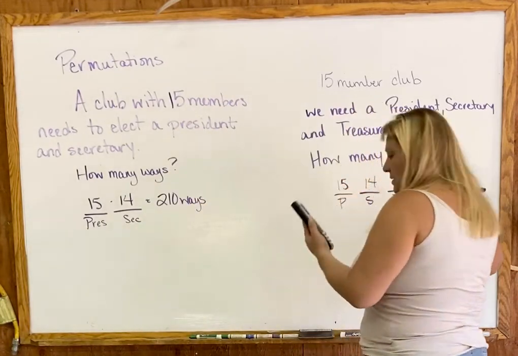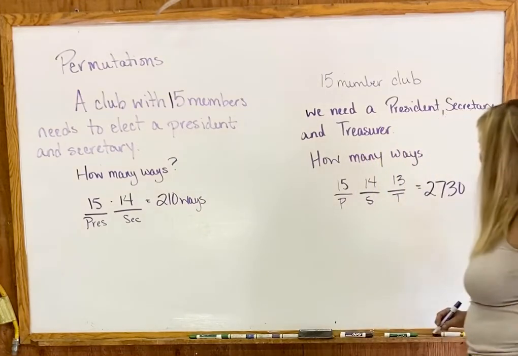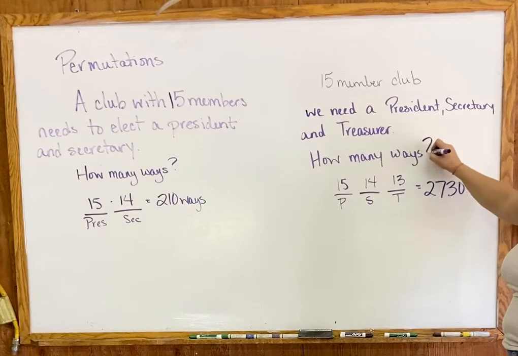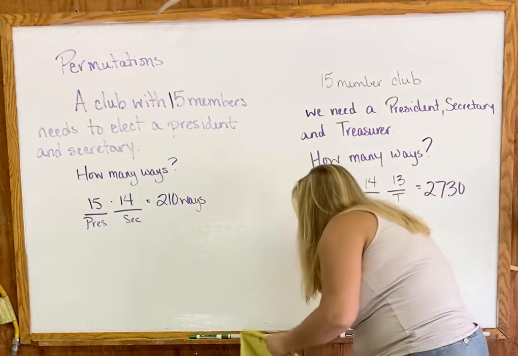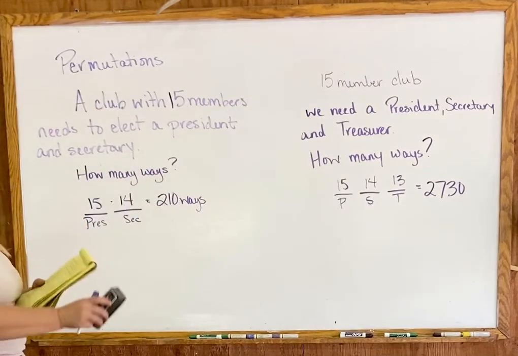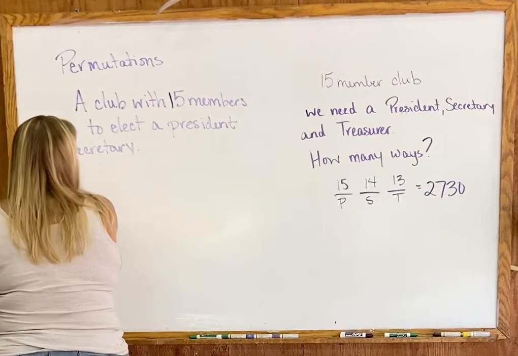There are 2,730 ways to pick a president, secretary, and treasurer. Wow, right? Okay. So this method that we're using here that we call pigeonholing, it actually has a proper name to it. It's called the counting principle.